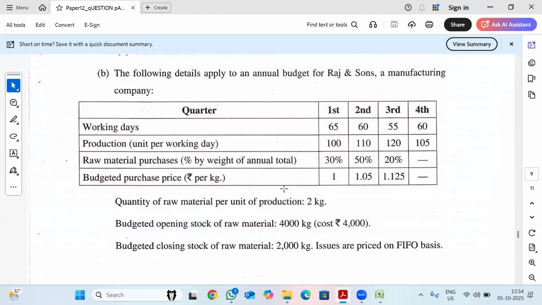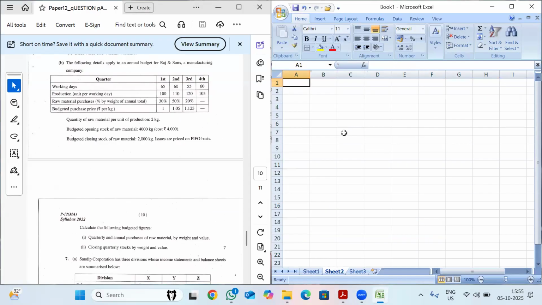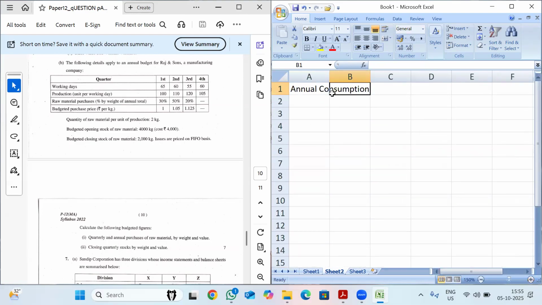So first I need to calculate what is my consumption. Then only I will be able to calculate how much I need to purchase. So now my consumption is, first I'm going to calculate annual consumption. So what is my consumption for first quarter? So this is quarter 1, 2, 3, and 4.